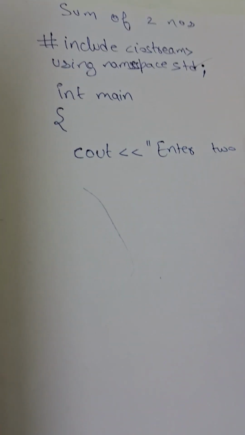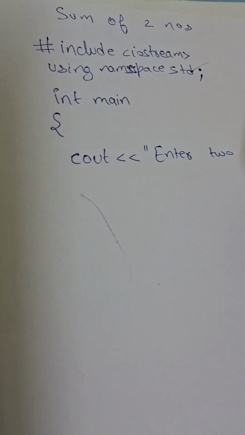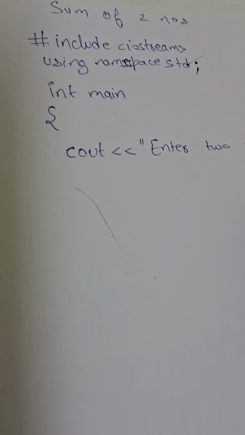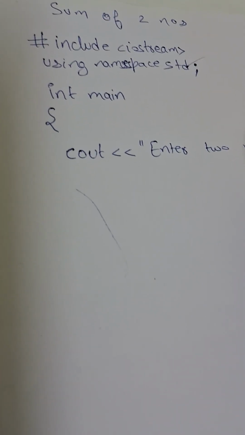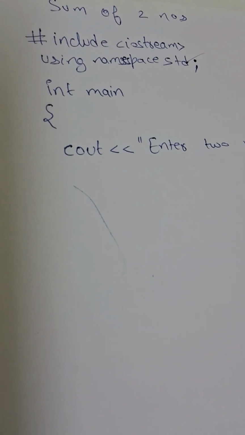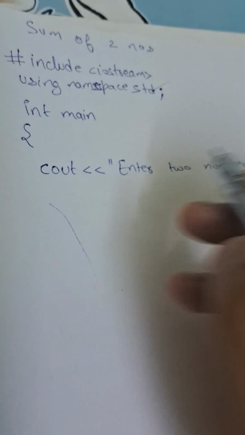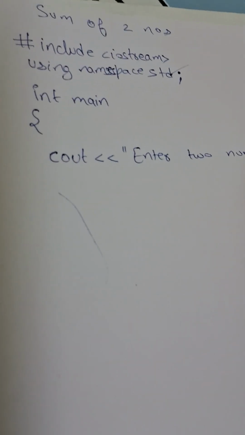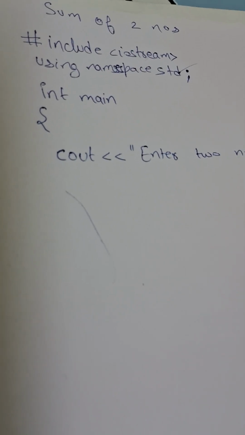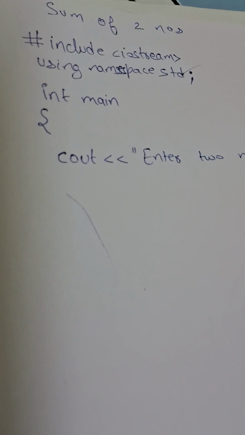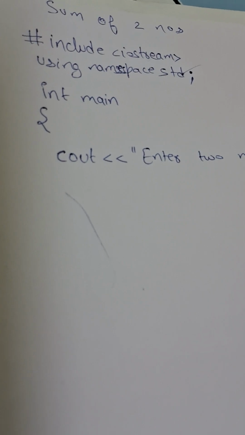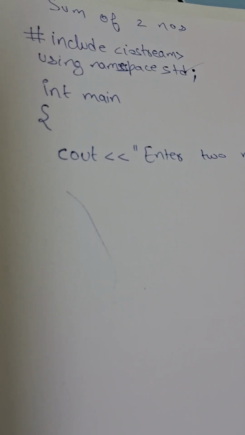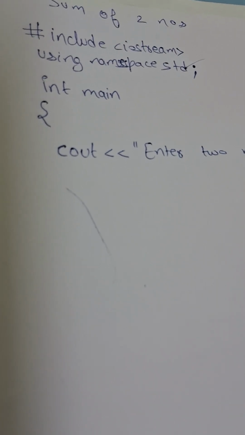After that we close this with a semicolon. Okay, after that we have to take the value, the input. The program asks for input, what value we have to use. The work of input is done by cin.